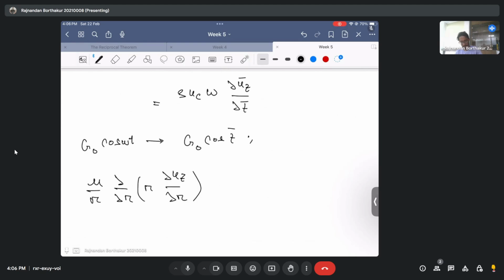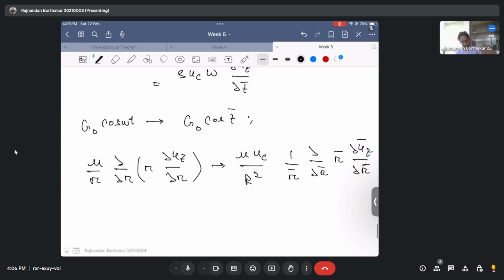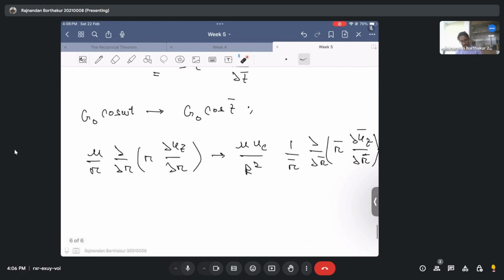If I do the same analysis for this term, you can check it at your end, it would be mu uc by r squared times 1 by r bar del r bar of r bar times del uz bar by del r bar. I hope you are clear on this one. So this is precisely the non-dimensional form of the dimensional form of mu by r del r of r times del uz by del r.